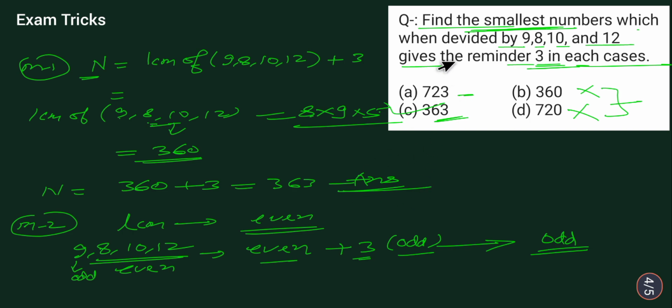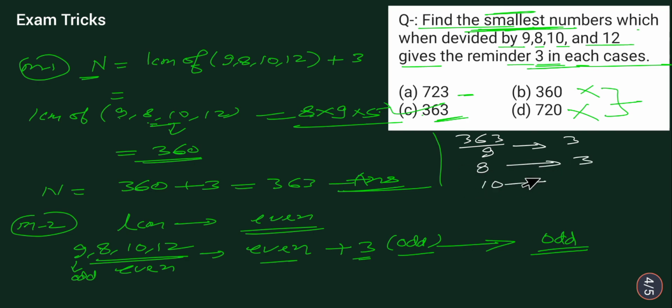Now let's check the options. First, we have to find the smallest number, right? So first check these two, because 363 is smaller than 723. So first check option C. If option C is the correct option, then it would satisfy all the given cases. 363 divided by 9 gives 3 remainder. Divided by 8, it gives 3 remainder, right?